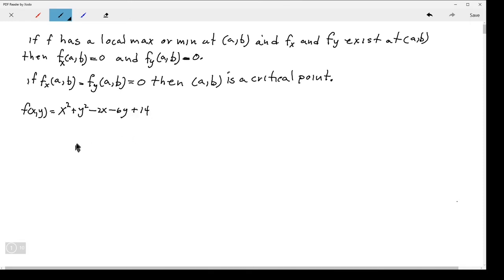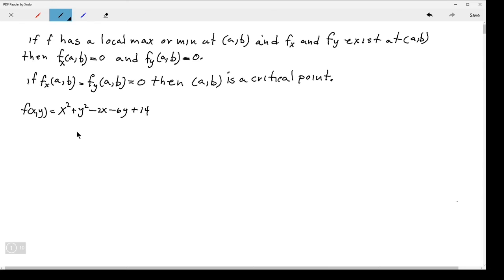Now again, if you think back to what we did in chapter 12 or the end of chapter 11, where we talked about the quadratic surfaces, this is going to be a paraboloid. I'll show it to you in a little bit. I've got all my functions today up on GeoGebra. But let's go through just using the definition. So I would like to find any relative extreme points on this paraboloid.